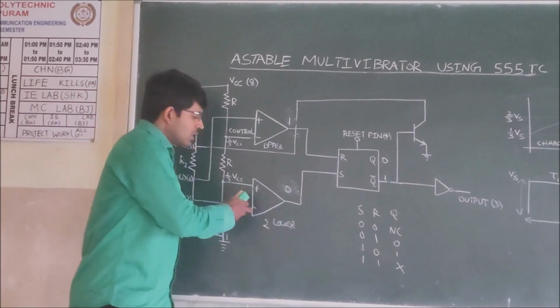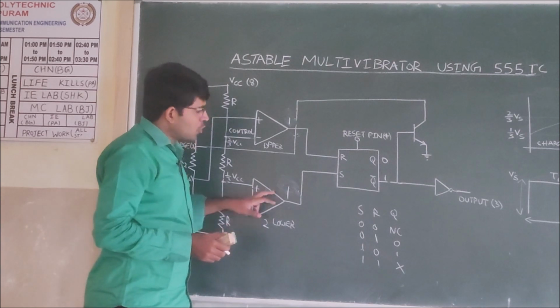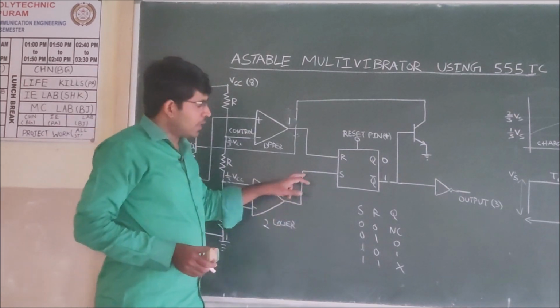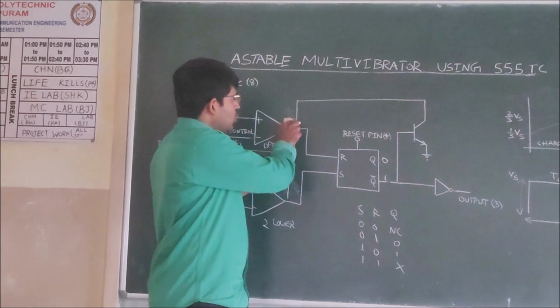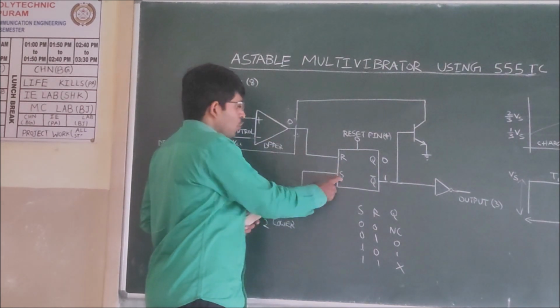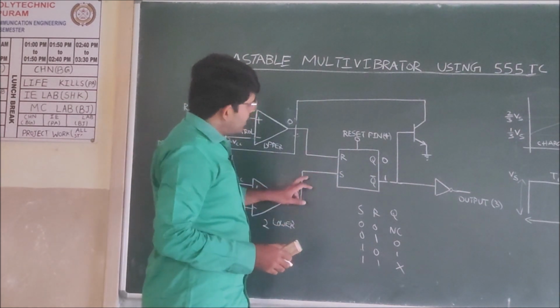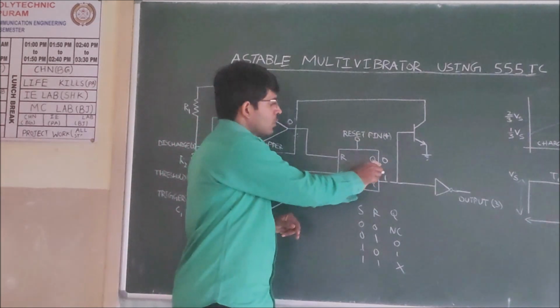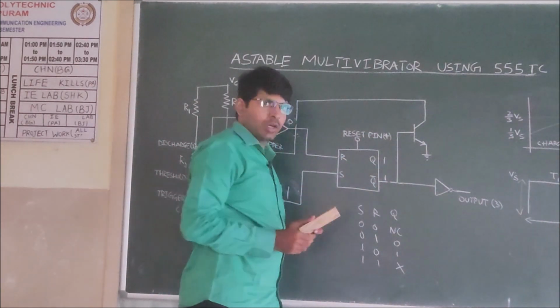So the output is high. Because the output is high, at the set pin, the value is 1. So Q is 1, output is 1.